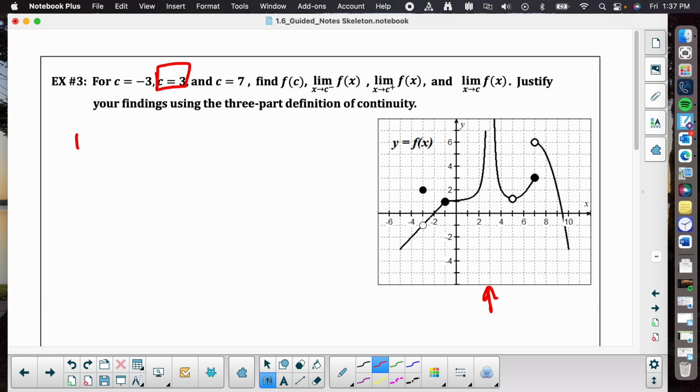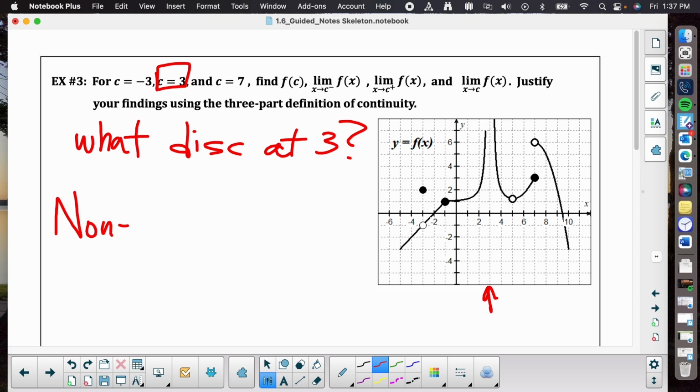What type of discontinuity is at 3? I don't have your room to write that, but. So that's what we're looking at.